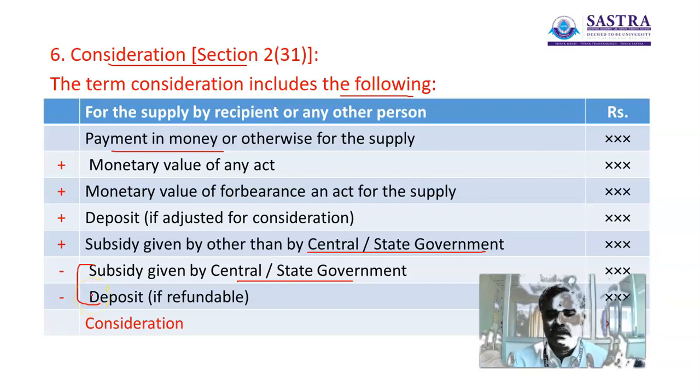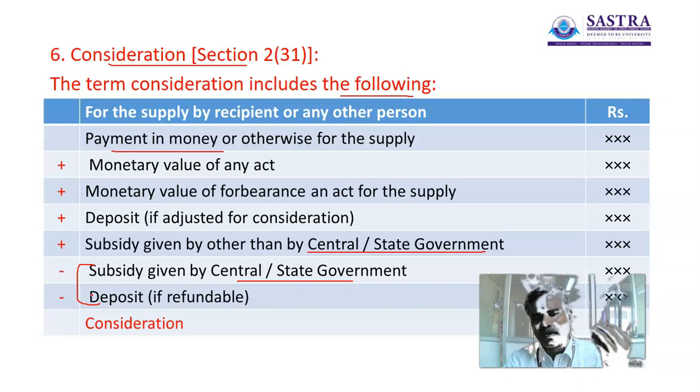Good. I hope you all understand about the consideration, because this is very, very important. And the consideration is nothing but value of supply. How can we find out the actual cost of the product? Number 1, any subsidy received from others should be added. This is the subsidy given by other than central and state government.